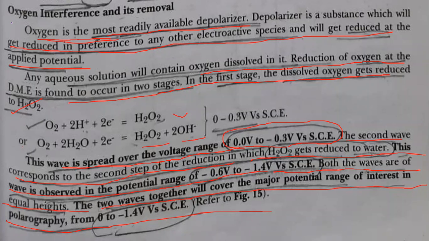Because the potential range which we use for the analysis of different metal ions is affected by the presence of oxygen in the testing solution, or analyte solution. The maxima suppressor is also used because maxima are also a kind of interference in the analysis. So these two points we are going to cover here. The remaining will continue in the next lecture.